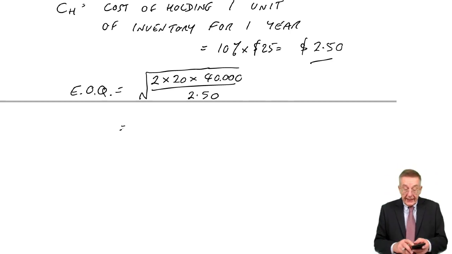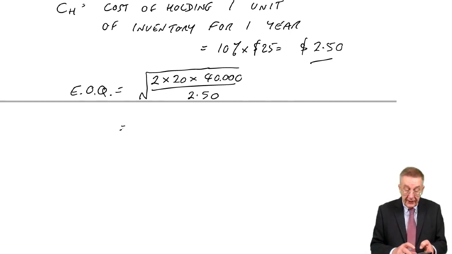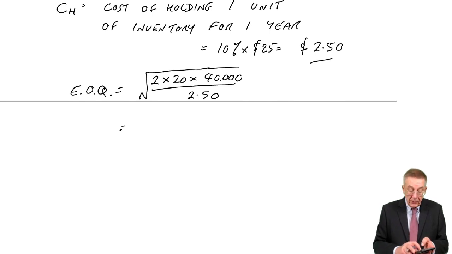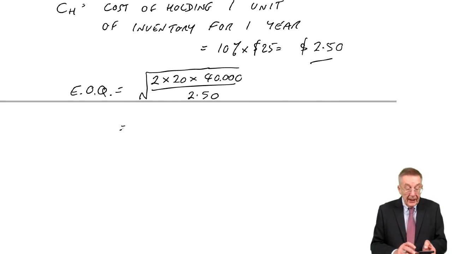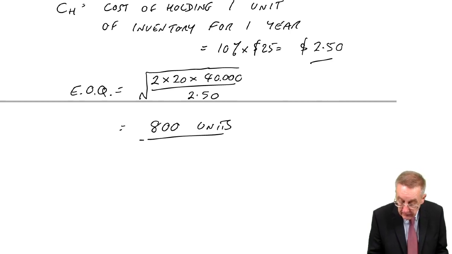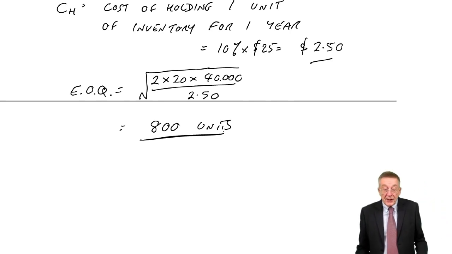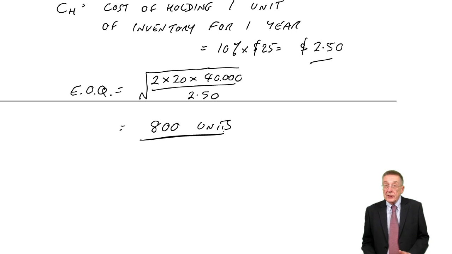Make sure, obviously, you've got a decent calculator. But what is it? 2 times 20 times 40,000. Divide by 2.5. Take the square root. I get 800. And so there is the economic order quantity. It's at 800 units that the total costs will be minimised.